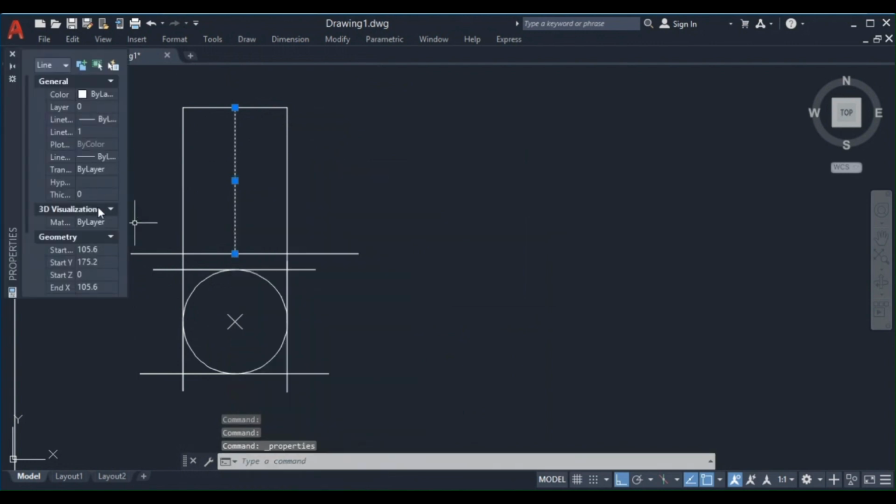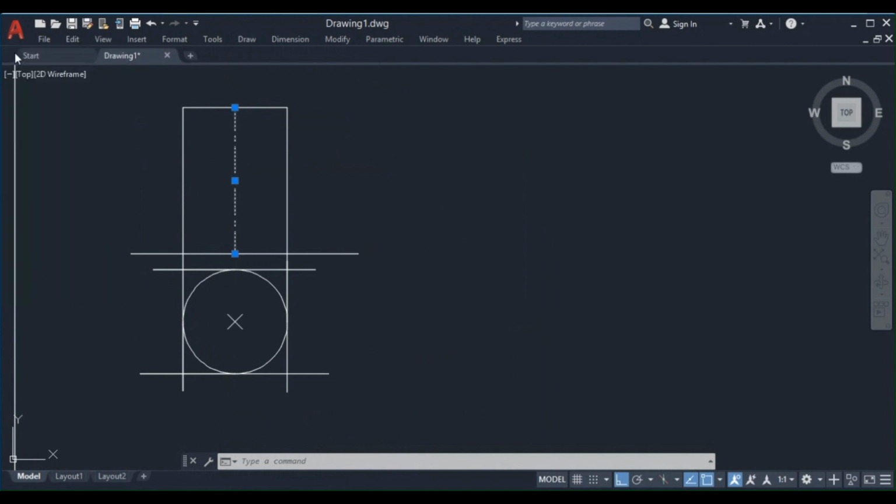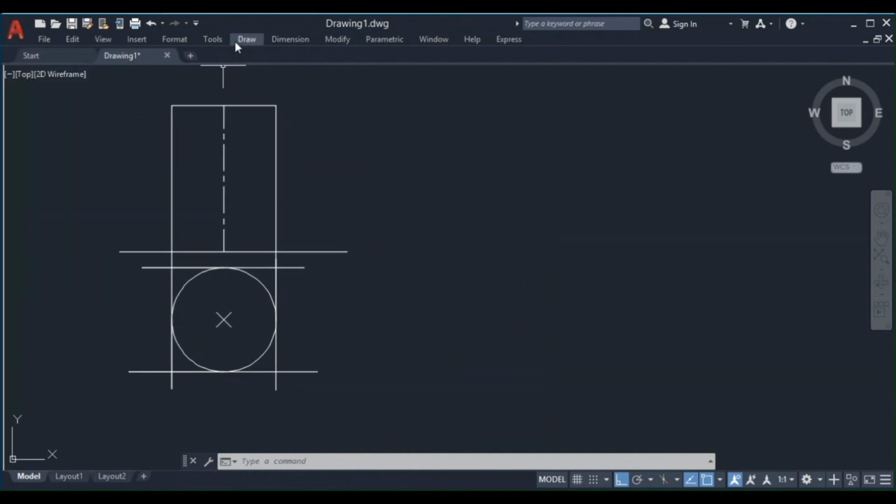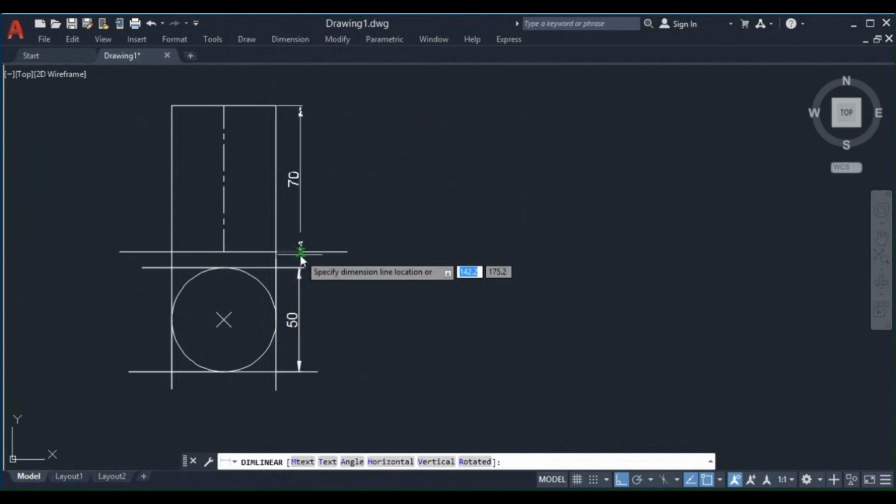Lettering do it. But meanwhile, I'm not doing that simple lettering. Just show the dimension 50, 70 mm.